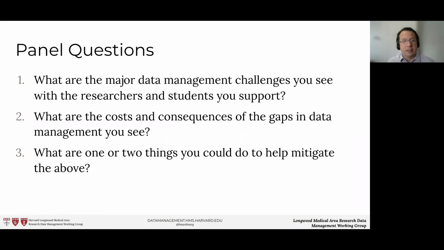And when the data aren't there, or when the data aren't adequately curated or preserved, then it can be very hard for people to provide an explanation for the discrepancy that was identified.